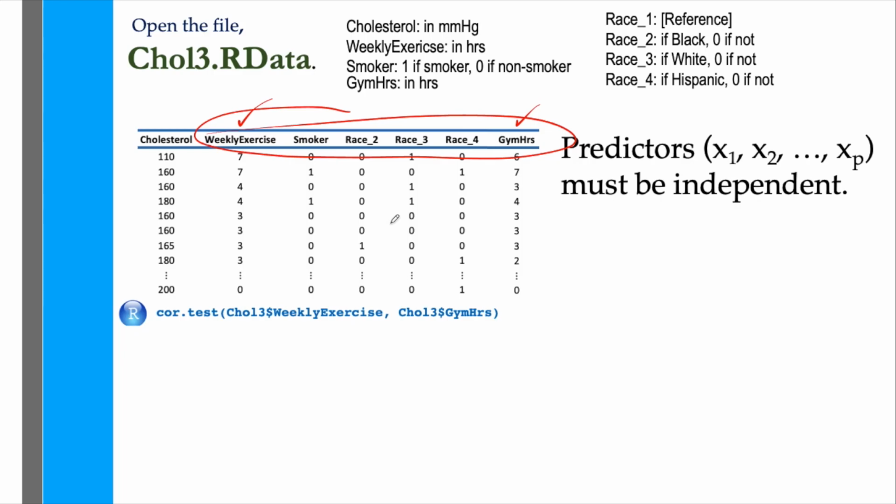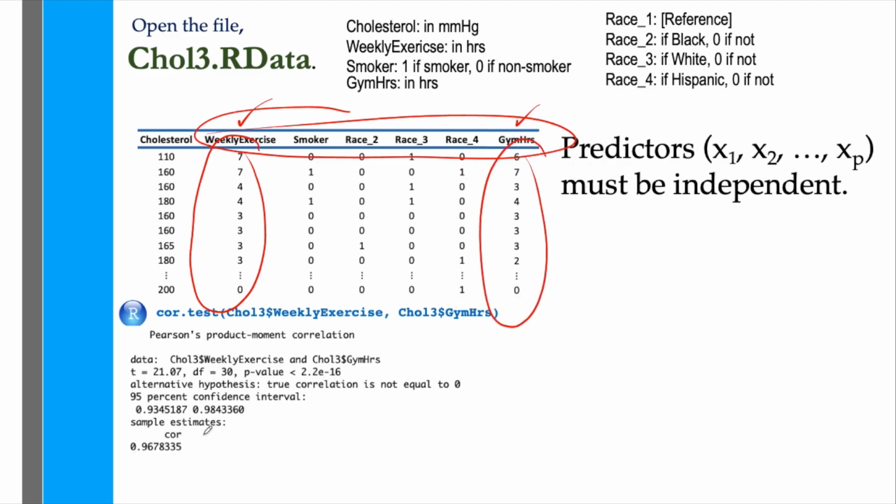The more gym hours you have, the more weekly exercise that you have. If we try to take a look at their correlation, meaning I try to perform a Pearson R here, I will see that their correlation is 0.97, which is very high. So that indicates that these two are correlated, which violates this assumption.